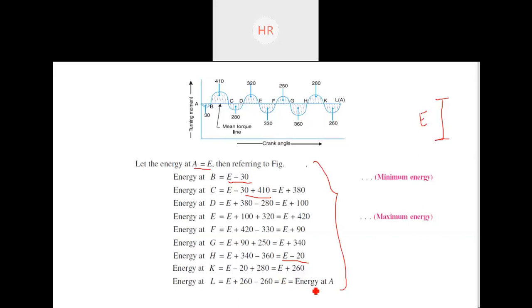So we are having two negative values, only at point B and at point H. Out of these two, at point B we are subtracting more energy compared to point H. So minimum energy is at point B. And maximum energy, you can see E plus 380 plus 100. What is the maximum amount that we are adding? That is plus 420. So maximum energy is available at point E.